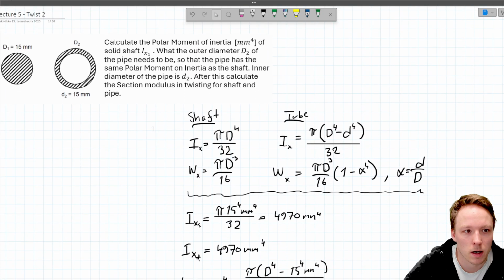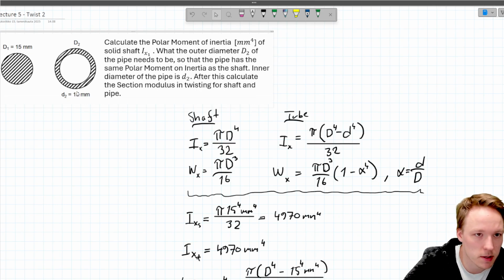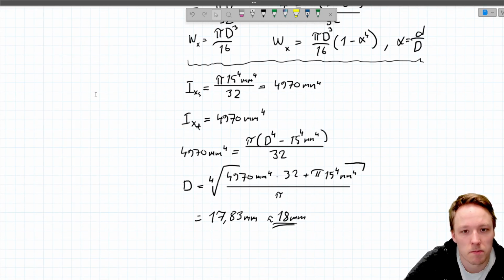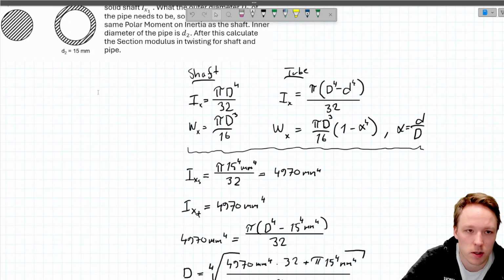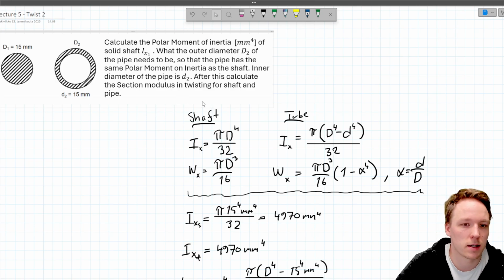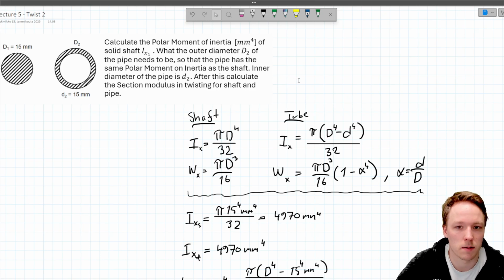And the same stiffness can be achieved with a pipe that is only 3 millimeters bigger in diameter than the solid shaft. So you can understand that hollow shafts are excellent in carrying torsional loads compared to solid pieces of material.